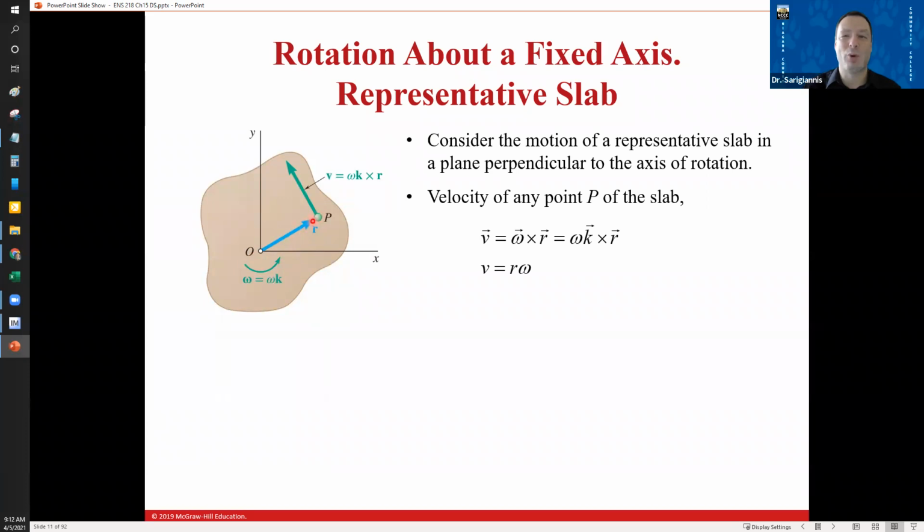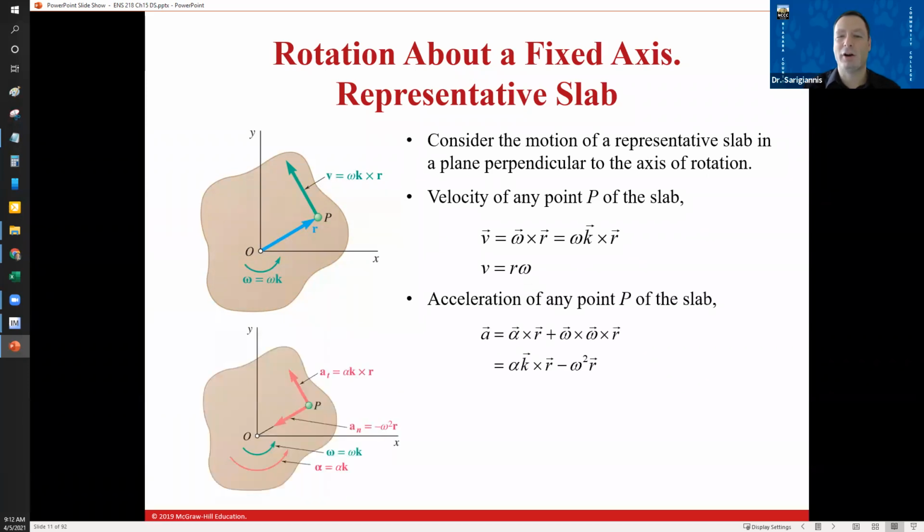For a given point P, you can draw that position vector. And omega is omega K, the angular velocity of this thing. For a given point at a given instant, the velocity is just omega K cross R, so we just get R omega for this velocity.